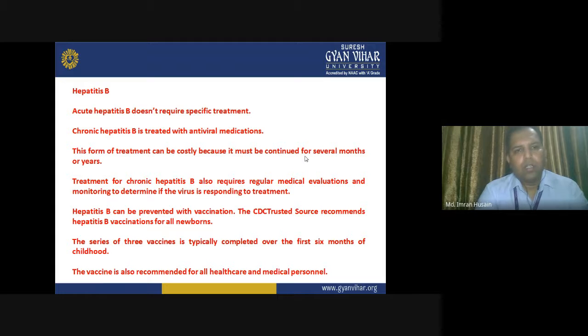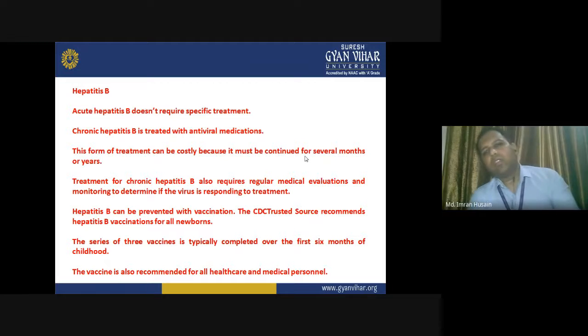Hepatitis B. Acute hepatitis B does not require specific treatment. But on the other hand, chronic hepatitis B is treated with antiviral medications. This form of treatment can also be costly because it must be continued for several months or years. Treatment for chronic hepatitis B also requires regular medication evaluations and monitoring to determine if the virus is responding to the treatment.